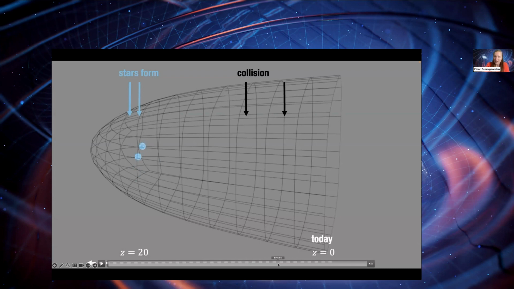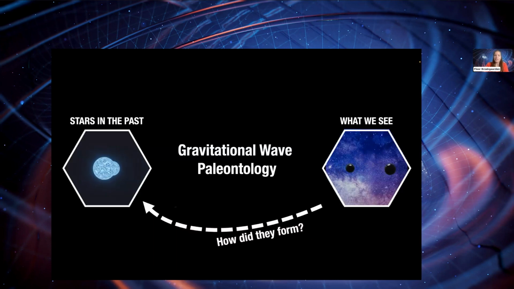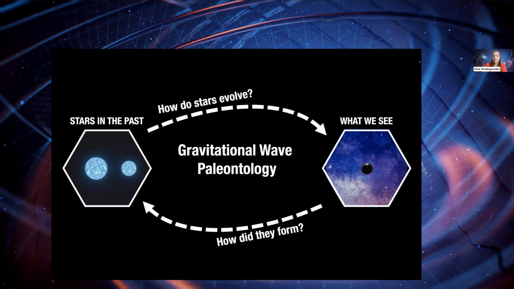However, there's also something else that's very important. If we want to learn about the stars, these black hole collisions don't directly tell us the properties of the stars. So instead, we need to forward model how these stars form, live, and die to see what imprints they leave behind on the black hole collisions.